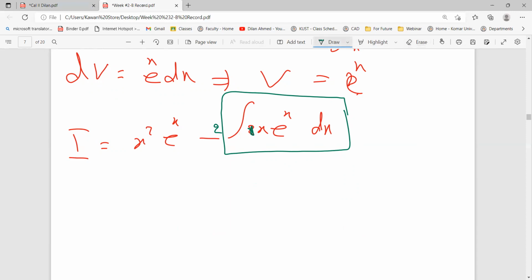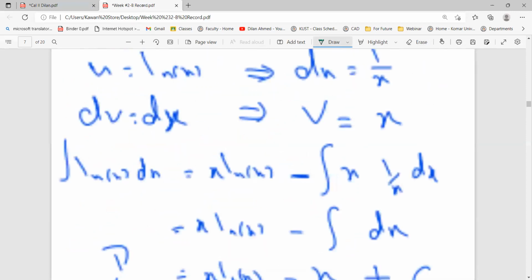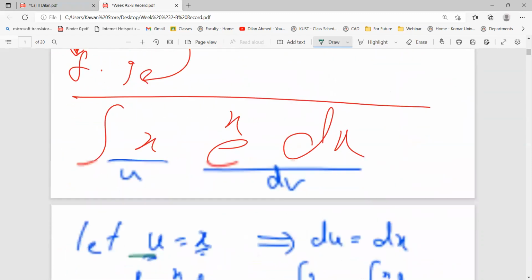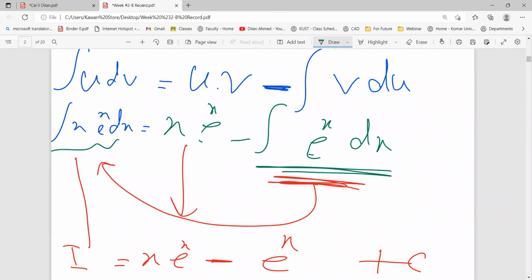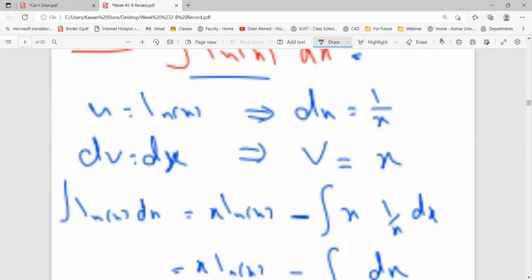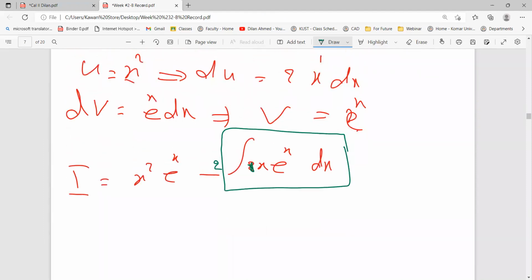Again, it was the first example. You solved that one before, so I'm not going to solve it again. I'll put the result here: x e to the x minus e to the x. So I equals x squared e to the power x minus 2 times that, and so on.